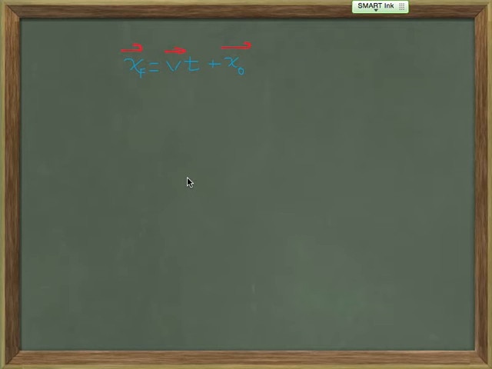So the first simple example, I'm just going to make it up. Let's say it's 1 second, and let's say the velocity vector is still 3 meters per second, right? But I also need a starting position. So I'm just going to make up numbers, okay? So let's say the velocity vector has a magnitude of 3 meters per second in the positive direction, okay?